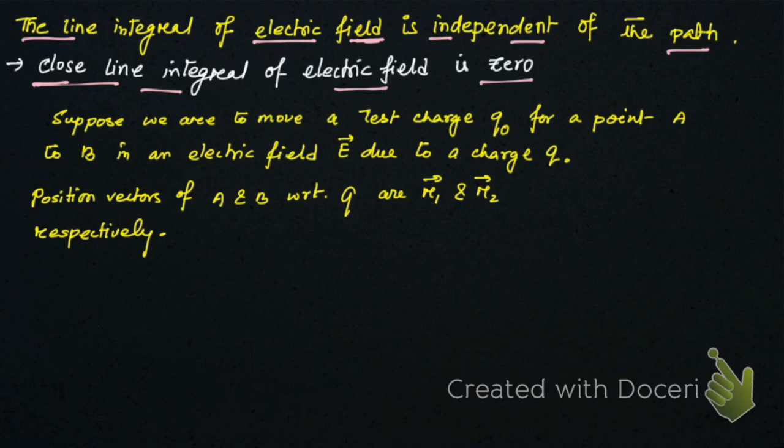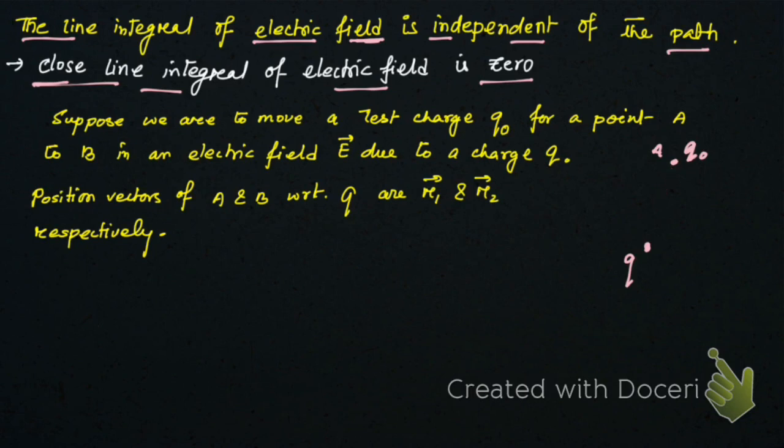Now let us suppose we have a charge q here, and we need to move a test charge, a small charge q naught, from this point A. The position vector of this point A is r1.